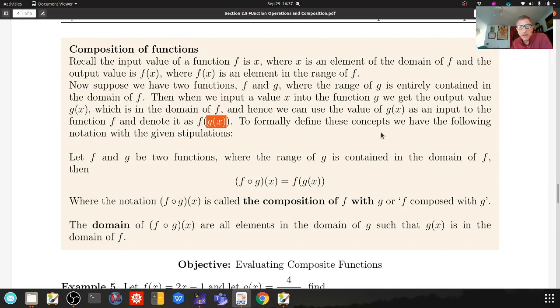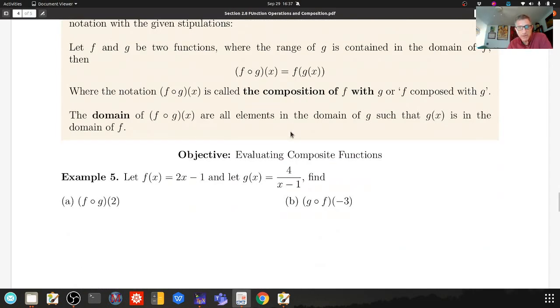To formally define these concepts, we have the following. This is an important formal definition. This is really the first place in this course where you have to answer questions using a formal definition. Let f and g be two functions where the range of g is contained in the domain of f.